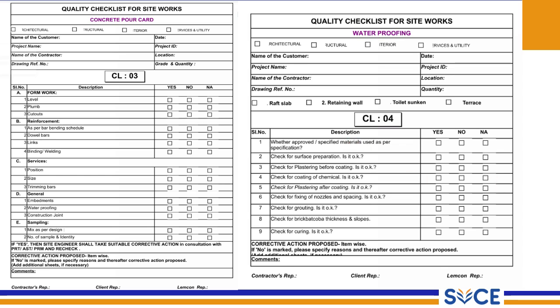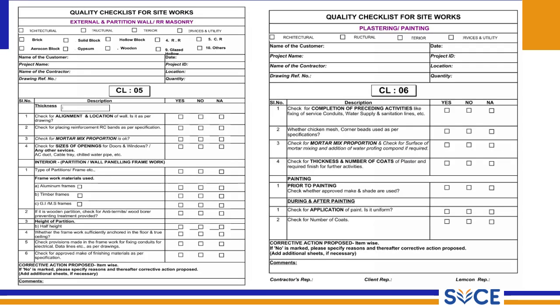So the next type of work we're going to discuss is the external partition wall, masonry work. Here they have given some different checklists. Initially they are mentioning the thickness of the wall. At the top you can say what kind of wall it is, brick wall, hollow block, solid block, gypsum, something like that.